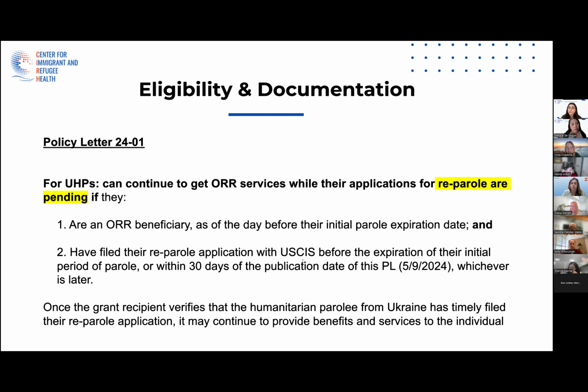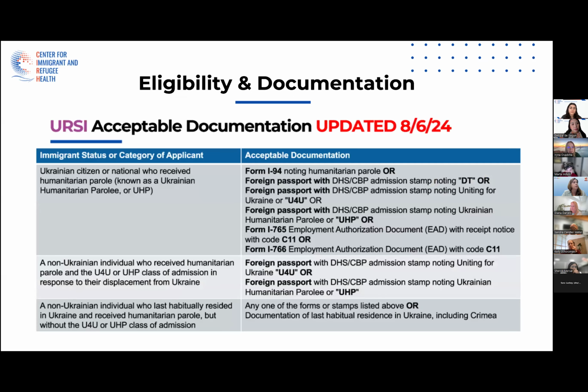But those are details. Eligible documentation for UHP holders is usually Form I-94, or a foreign passport with a stamp of the U4U program, UHP or DT. It could also be an employment authorization with a special code. C11 is the special code for refugees and parolees in the United States.